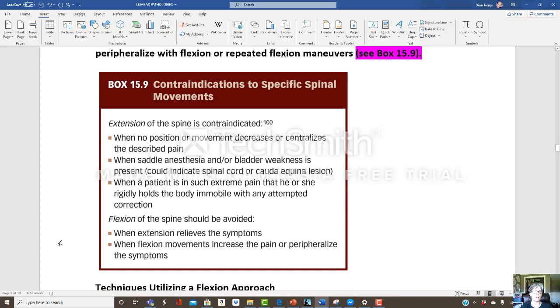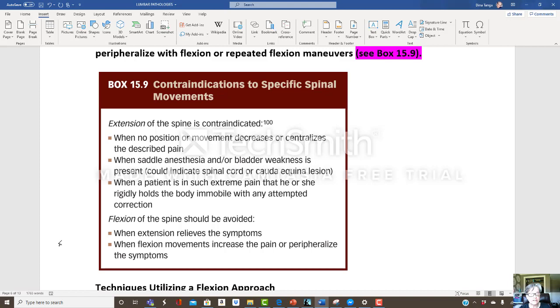So, there's Box 15.9, contraindication to specific spinal movements. Extension of the spine is contraindicated when no position or movement decreases or centralizes the described pain. When saddle anesthesia and/or bladder weakness is present, could indicate spinal cord or cauda equina lesion.